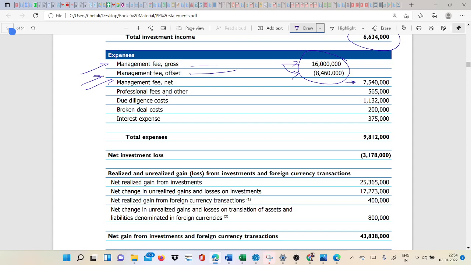Professional fees and others, then the incentive fees, and the other fees, due diligence cost, broker deal cost, and interest expense and all. So all the expenses, those are the fund expenses.